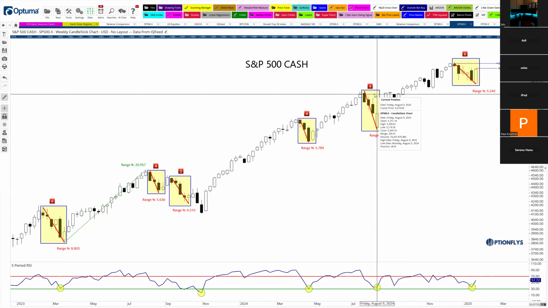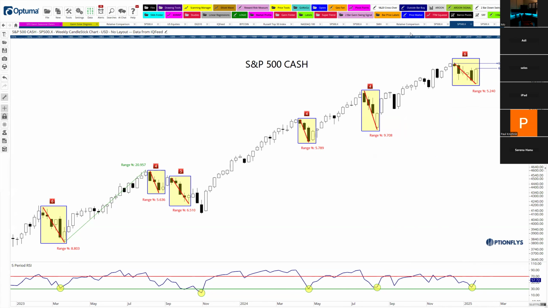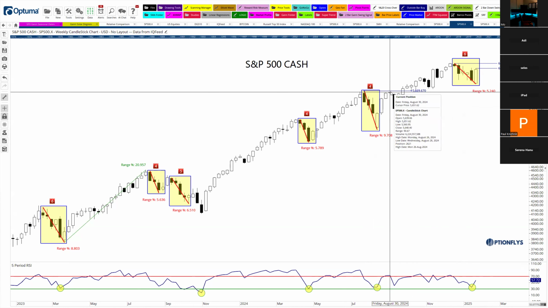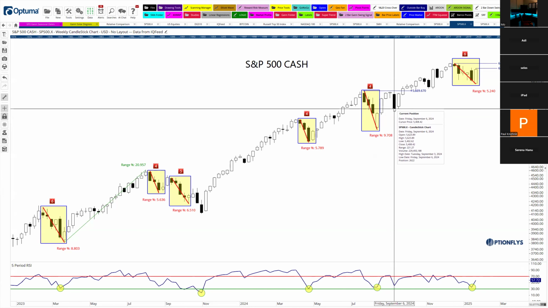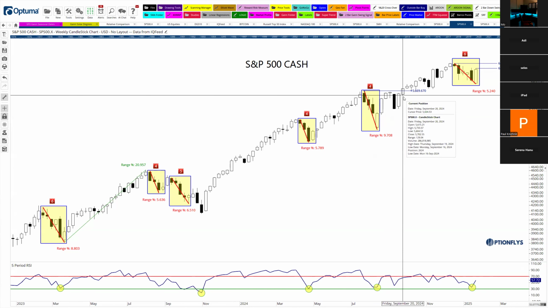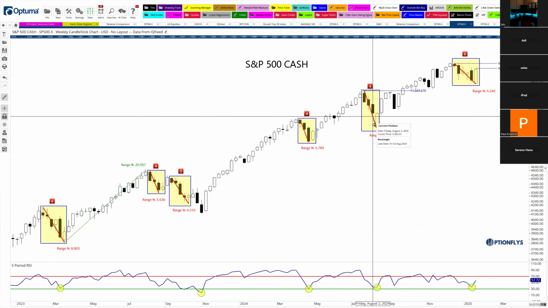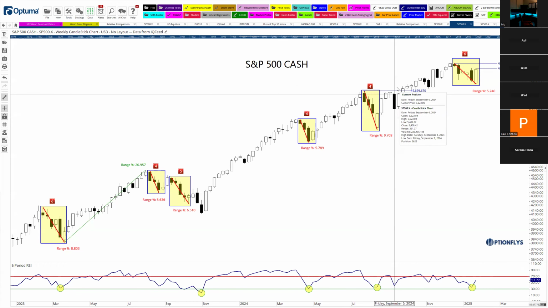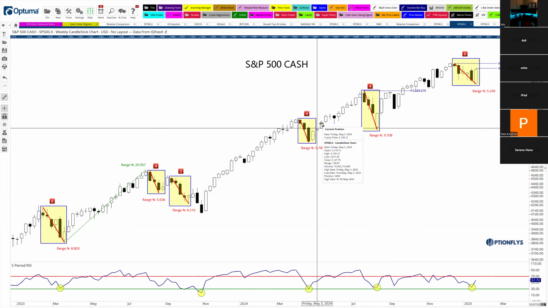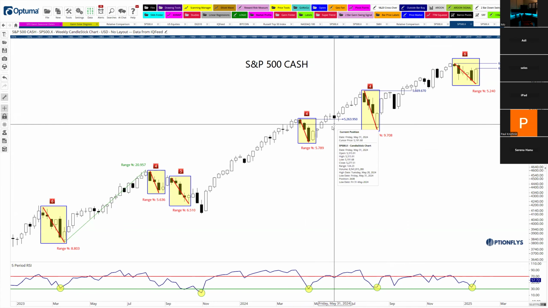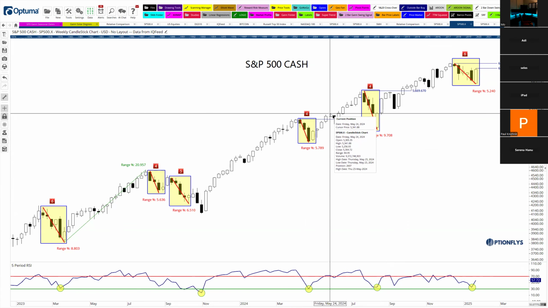Because if you notice here, see how close we got. There was a big rejection from here, and after 2 weeks we made an attempt and a move back up. So you can definitely expect a shakeout. Same thing here. This week we went up.